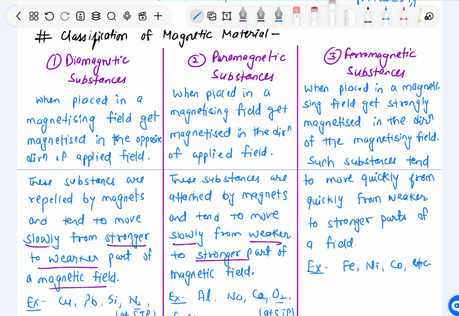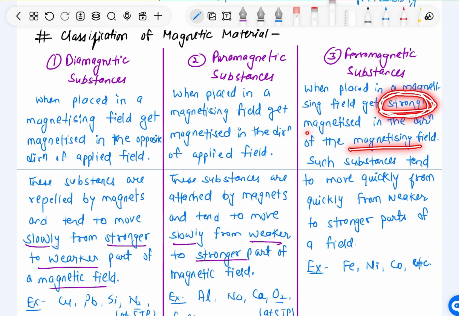So when we place this substance in a magnetizing field, they get strongly magnetized. Diamagnetic is magnetized in the opposite direction and paramagnetic is magnetized in the direction of the applied field, but ferromagnetic is in the direction of the magnetizing field, but strongly.